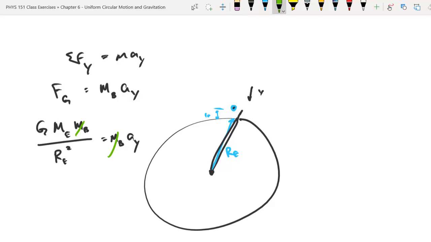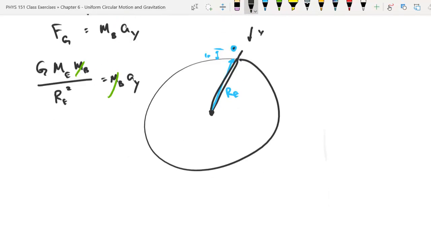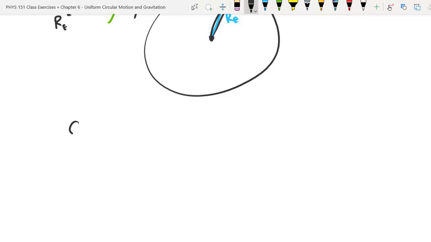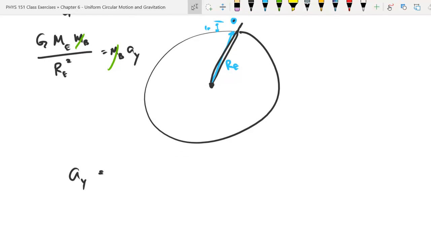So we have the acceleration of this ball in the y direction towards the center of the Earth is the gravitational constant, 6.674 times 10 to the negative 11th, times the mass of the Earth divided by the radius of the Earth squared.